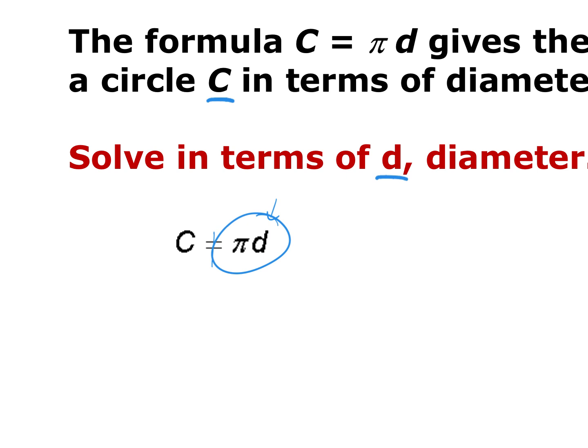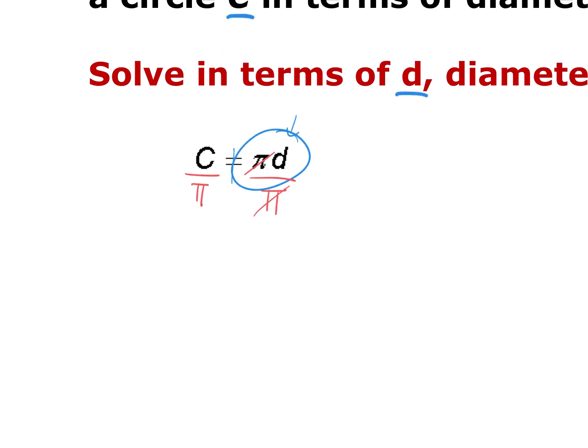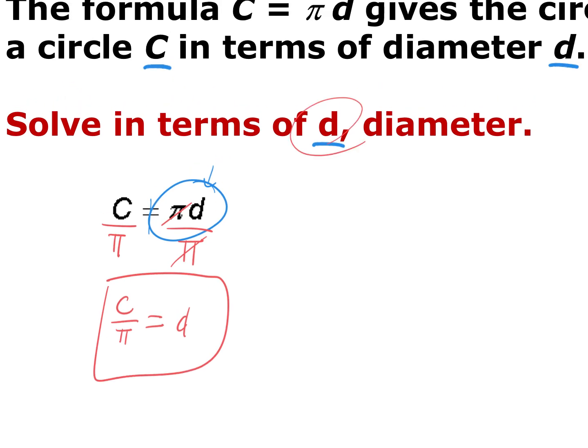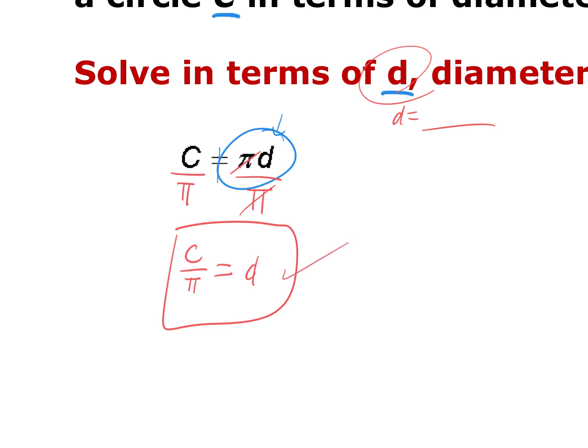So we want to get rid of something that's being multiplied by dividing. So let's divide by pi on both sides. All right, and then pi divided by pi cancels out. So then we get c divided by pi equals d. All right, and then we have our d equals. If it says solve in terms of d, we want d equals something, and we have it here. So this is our answer.